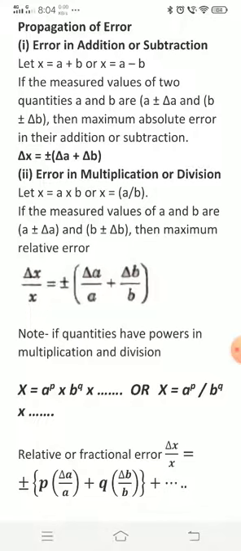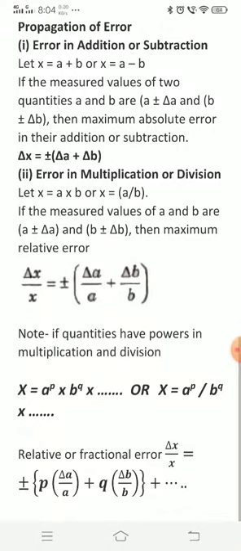You should keep in mind whether the expression is in terms of addition or subtraction. In both the conditions, the error will be delta A plus delta B.